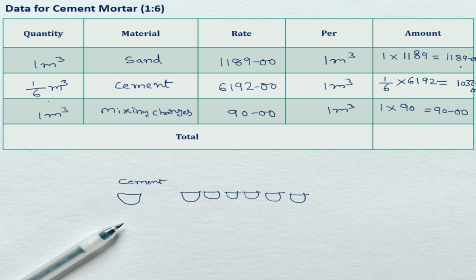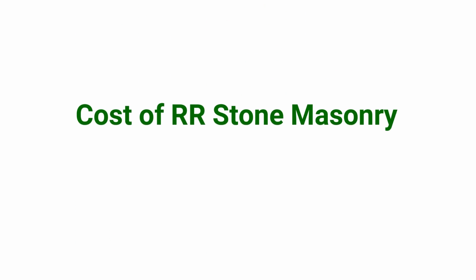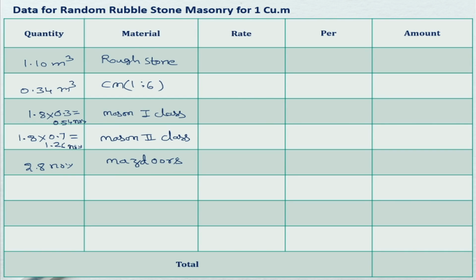Total amount is 1189 plus 1032 plus 90 rupees, which is 2311 rupees. As per the calculation, rough stone rate is 860 rupees per cubic meter and cement mortar 1:6 proportion rate is 2311 rupees per cubic meter.